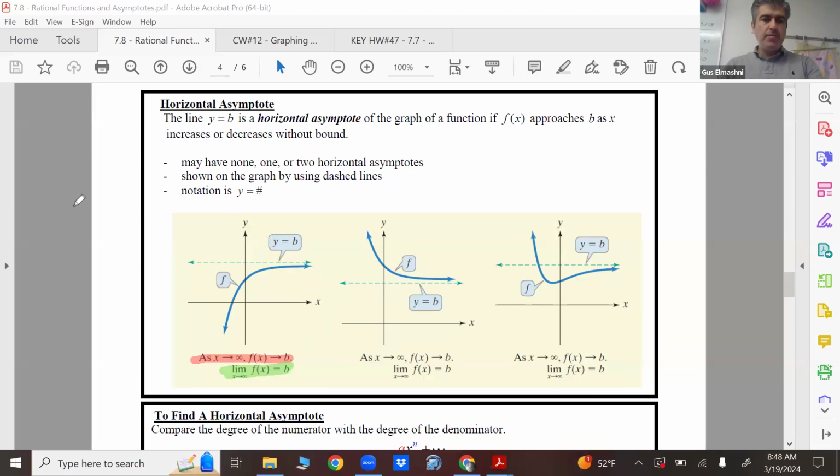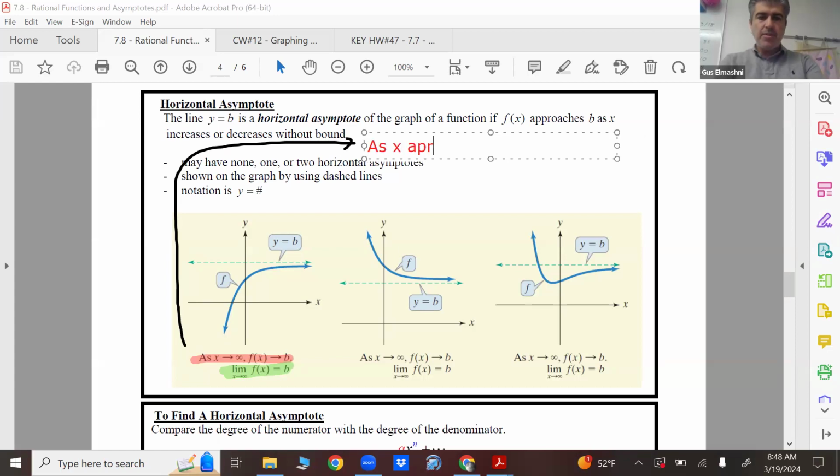So, in layman's terms, what does it mean? It basically means as x approaches positive infinity, or you do negative infinity if it's that case, y approaches the value of b.